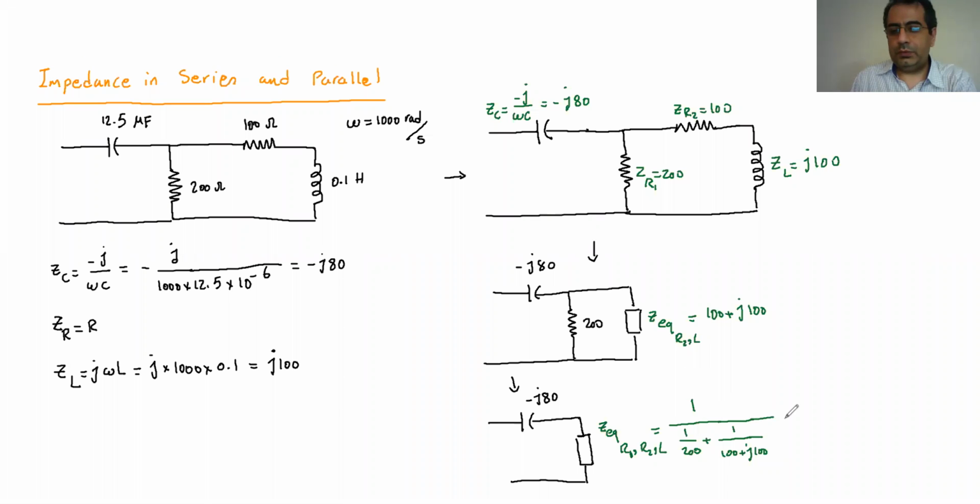So if you do this calculation, what you are going to get comes out as 80 plus J40.